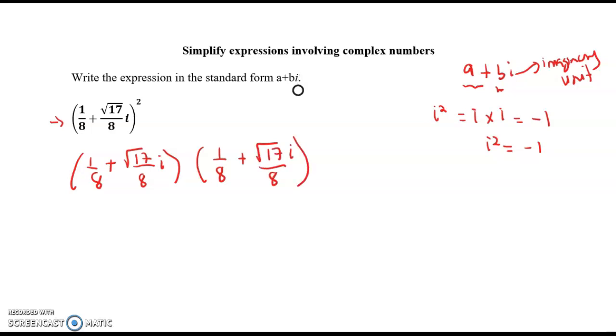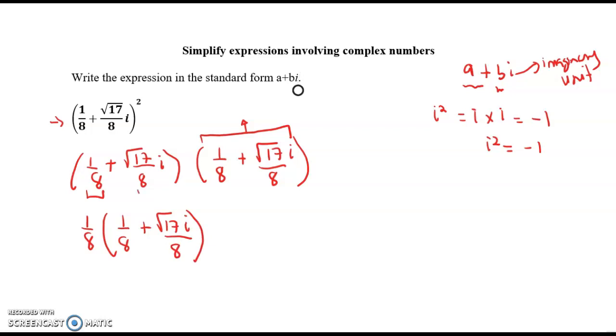So now that you've expressed it in this form, you're going to apply the distributive property. You take the first term and multiply by each of the terms you have in this expression. So you take 1/8, you multiply by 1/8 plus square root of 17i/8.